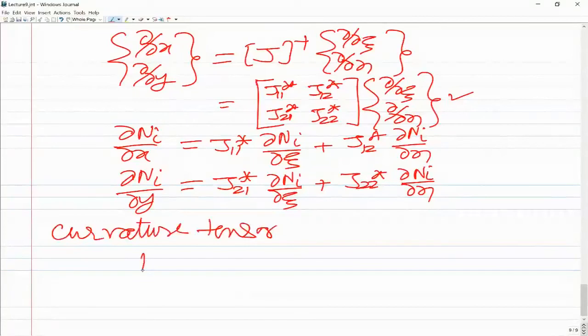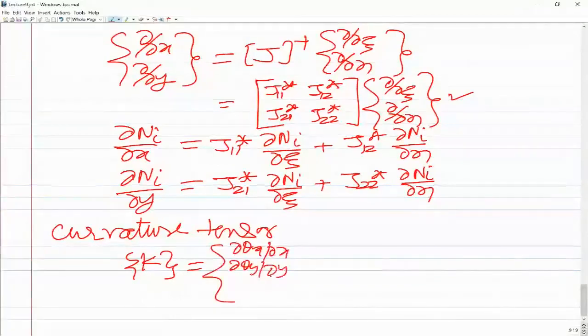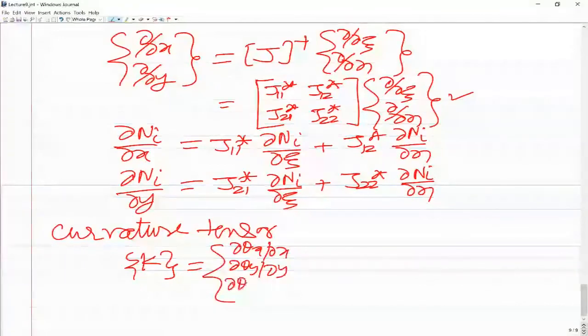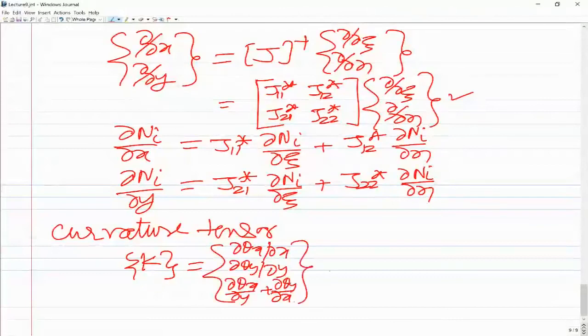So when you look at the curvature tensor, you will have that kappa. The definition is the same as what we discussed in the triangular element. So this curvature tensor is del theta x by del x, del theta y by del y, and del theta x by del y plus del theta y by del x. So the logic is the same, now you define the B matrix.